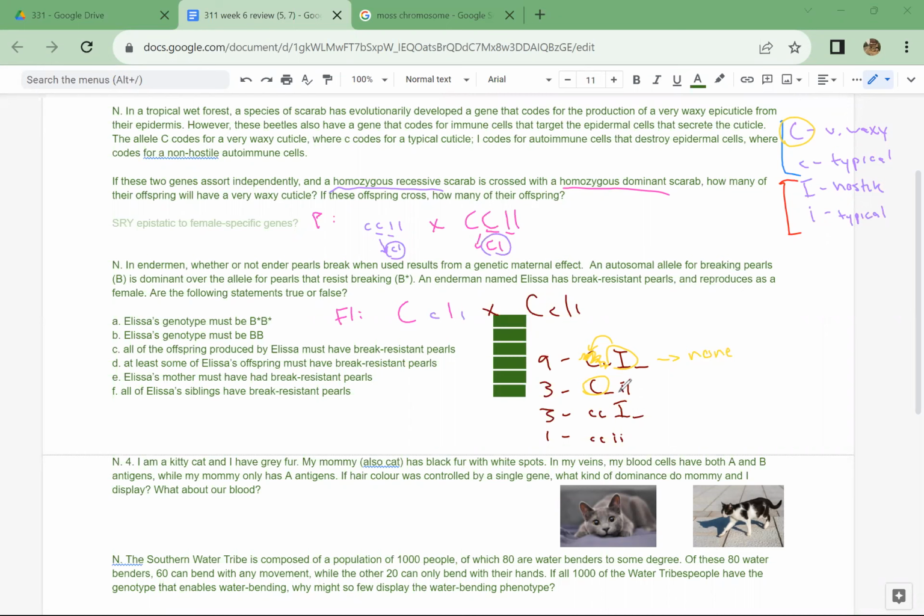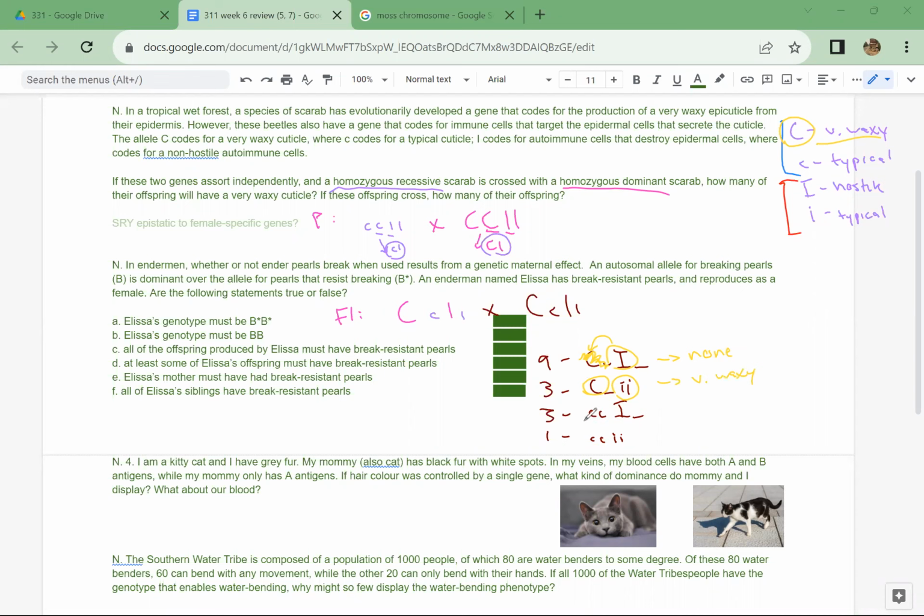At this epistatic locus, we don't have any alleles that code for the production of hostile autoimmune cells, and therefore our epidermal cells will survive and be able to produce whatever kind of cuticle is coded for at this first locus. And we see that for this genotype, at the first locus, we have the capability of producing a very waxy cuticle. So 3 of these individuals will have a very waxy cuticle.